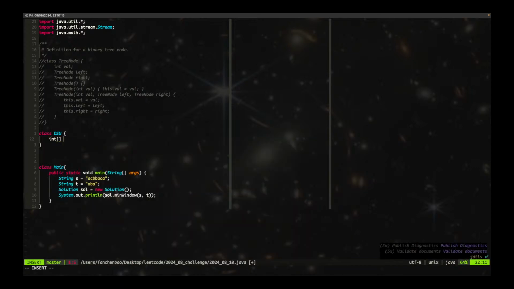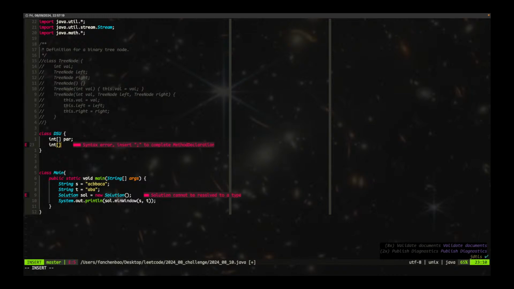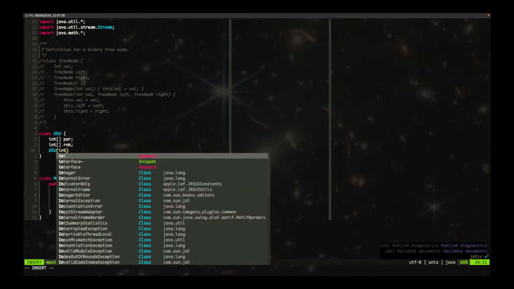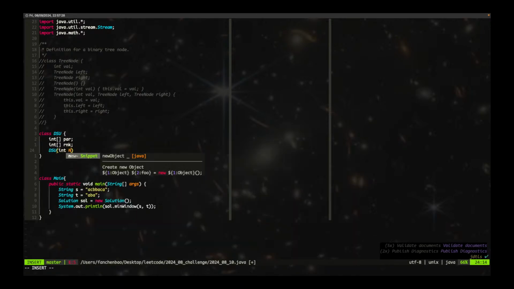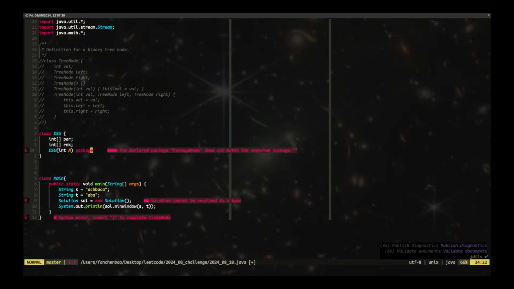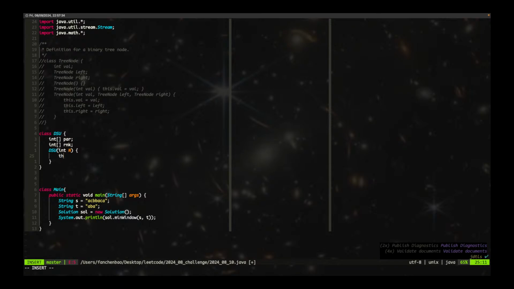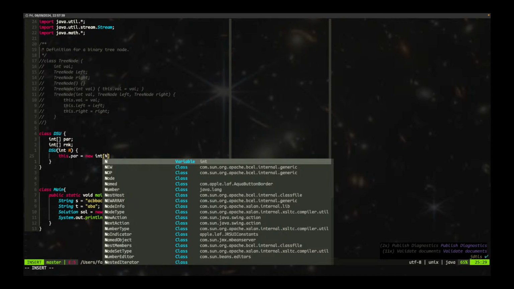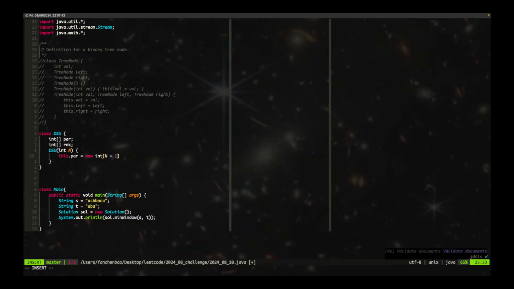We have parent, rank, n is the count, probably need to do plus 1.